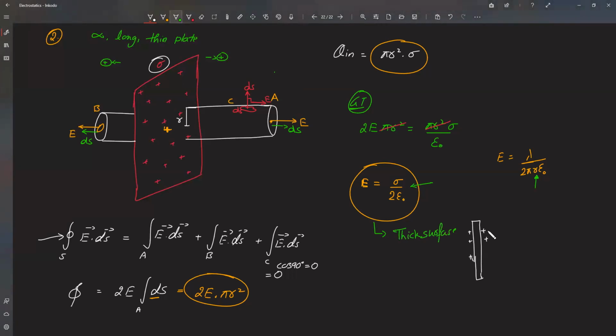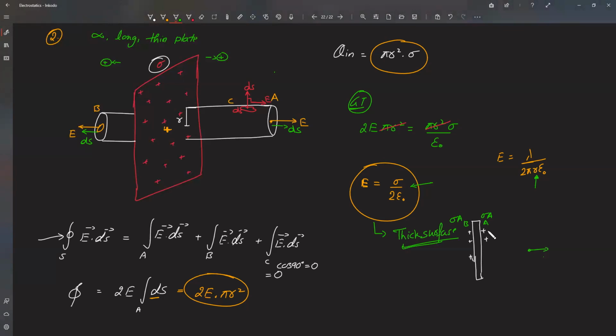right? So if you are finding electric field here, there will be electric field here due to surface A as well as surface B, or due to charge distribution on surface A as well as surface B. So if it is a thick surface uniformly charged, that means there will be sigma into area and sigma into the area on both the surfaces. So that will be the total charge.